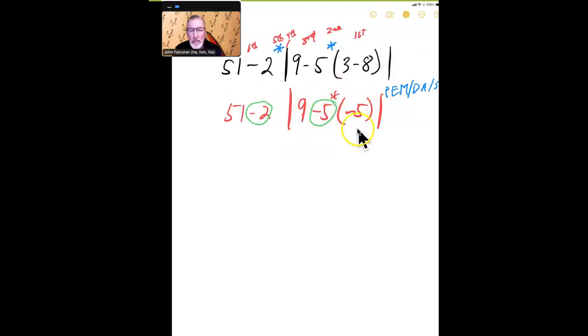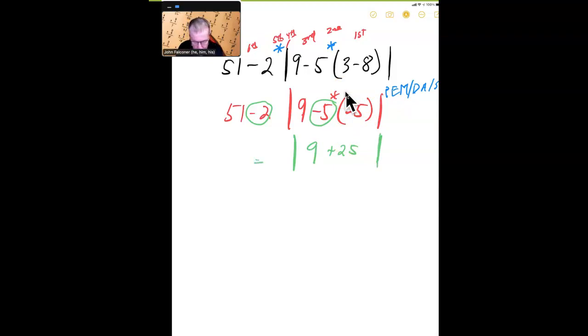Second thing we're going to do is this multiplication here, and so keeping this negative sign on the 5, we're going to get negative 5 times negative 5, which is positive 25. And then we bring down that 9. And so we've got 9 plus 25 inside our absolute value brackets.